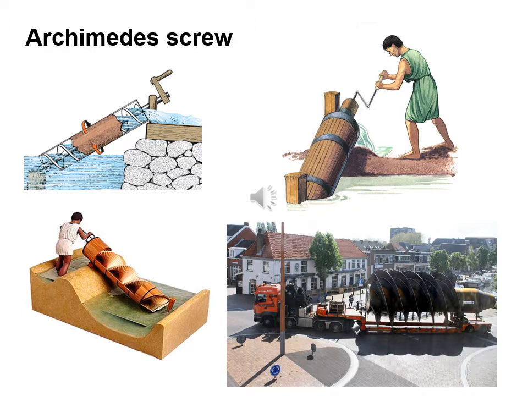The bottom right hand side shows a Dutch town with a low loader passing through with an extremely large Archimedes screw, and this has been used as a pump to lift water from one level to another. We'll talk about the Dutch and how they maintain their water levels throughout the country and the various equipment that they use to do that in future lectures.